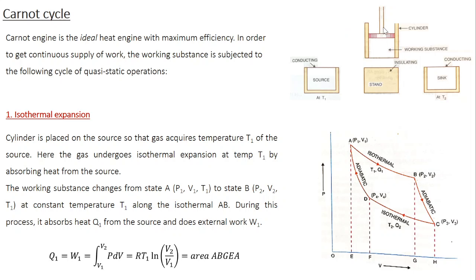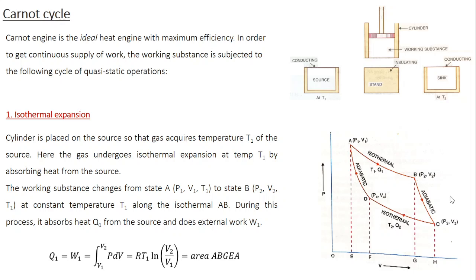But when the volume increases, the piston moves further up and there is a tendency for the temperature to decrease, right? When volume increases, the temperature decreases. Since the stand is insulating, there is no supply of heat from outside. As a result, the temperature decreases and finally reaches the point T2, which is the temperature of the sink.